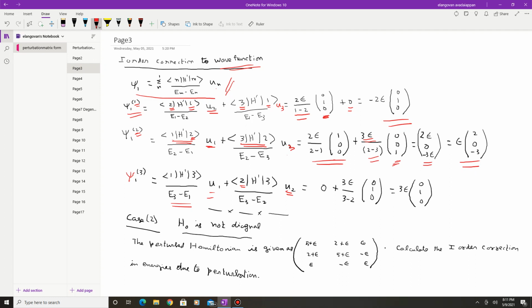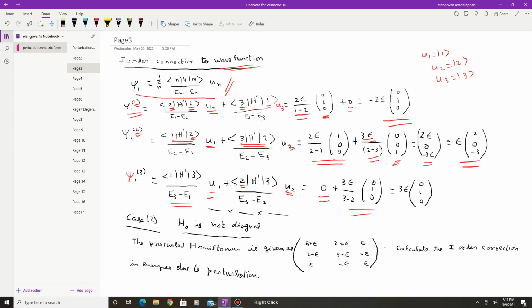So we substitute here 1H' 3 is 0, so this term is 0. Here u1 is kept 1, u2 is kept 2, and u3 is kept 2. So we substitute these values and you will get this equation.